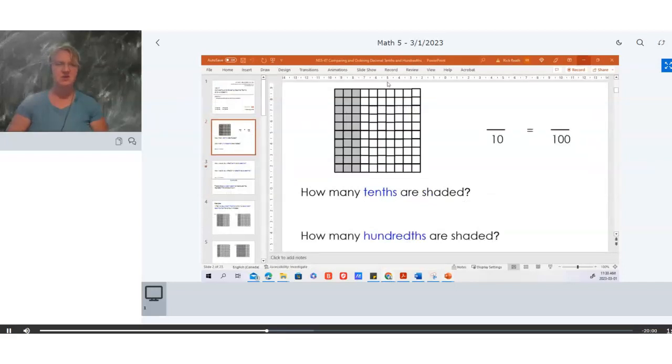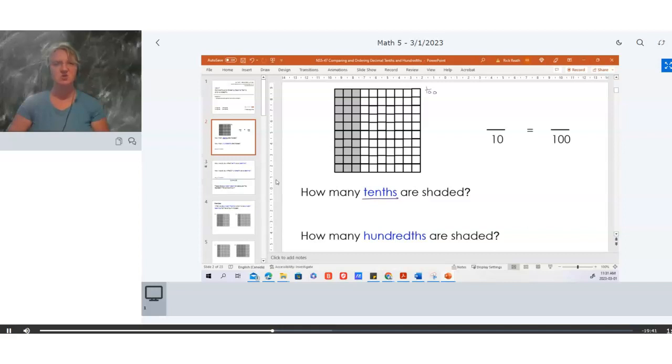Now, if we're looking at this, it's asking how many tenths are shaded. So this is very similar to the square that we saw before, where I said each little square represents 1 out of 100, right?